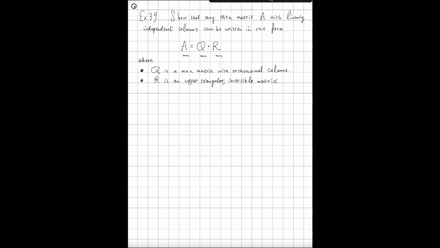So it's invertible and upper triangular. Because it's n by n, it's a square matrix, we can talk about invertible. It's invertible if and only if its determinant is non-zero, and as upper triangular, the determinant would be the multiplication of all the entries on the main diagonal, so the main diagonal would be non-zero, but we require more than that. We require it has positive entries on the main diagonal.